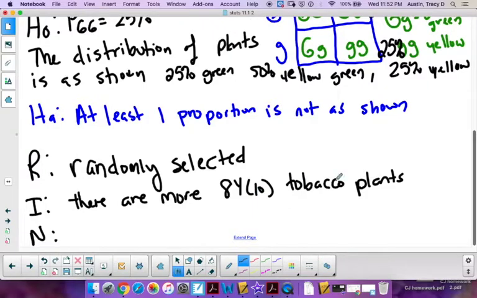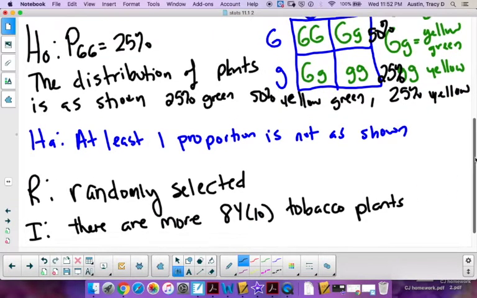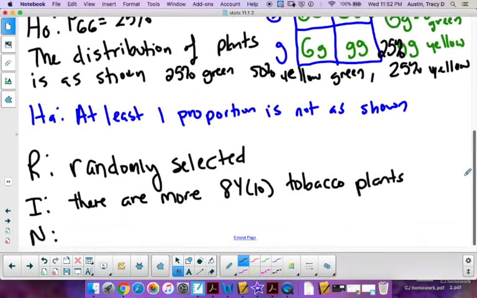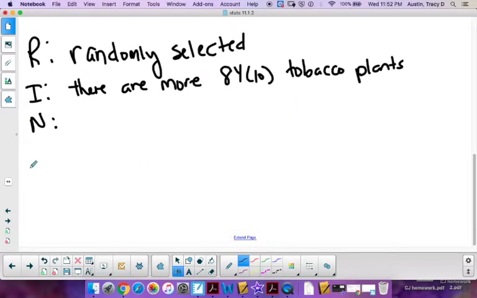So we need to go up and figure out what our expected counts are going to be, because we have our observed. These are observed counts. Now, this is where we have to do a little bit of math for our expected values. I have 84 pairs. Okay, so 84 pairs.